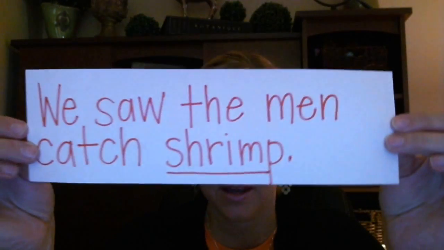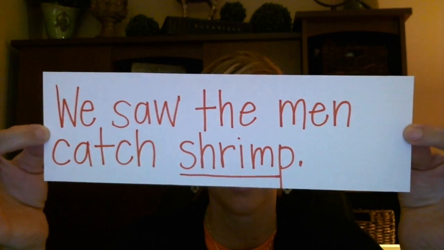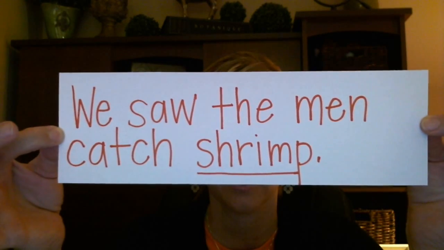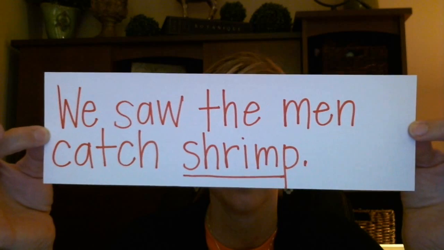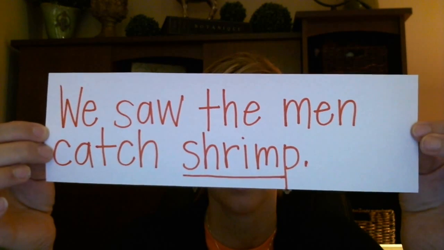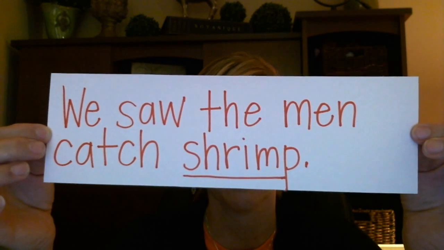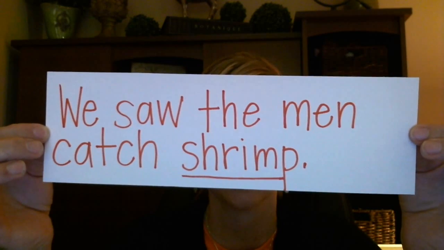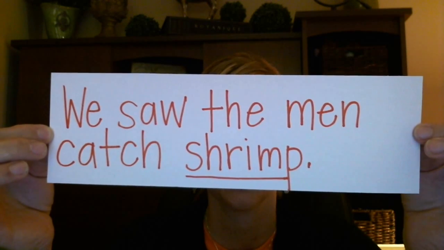This is the correct way of writing, we saw the men catch shrimp. Capital and a period, and make sure that you spelled shrimp correctly. That's one of our spelling words. Okay, and our last sentence. Go ahead and erase the one you have on there.